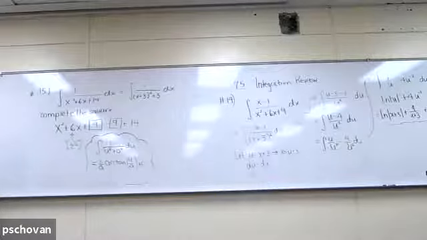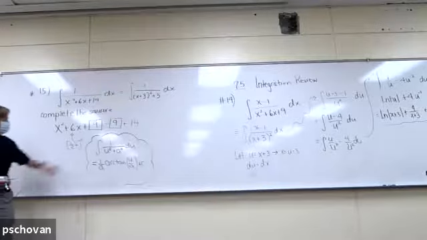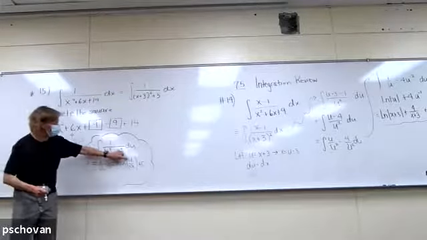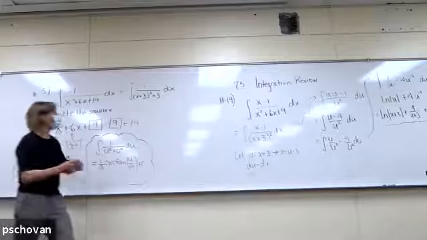Our u is x plus 3, du is dx, just like in the last example. And the a term is square root of 5. So we should get 1 over square root of 5 arctangent of (x plus 3) over the square root of 5, and then we're done.